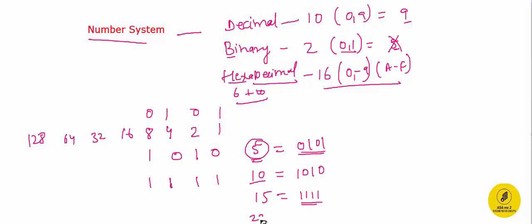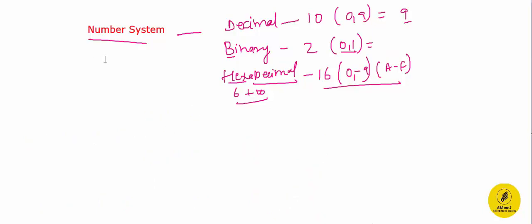So if I need to find the binary for 224, that would be 128 plus 64, that's 192, and then plus 32. Everything else remains 0. So the binary for 224 is 11100000. We have a total of 8 bits here.